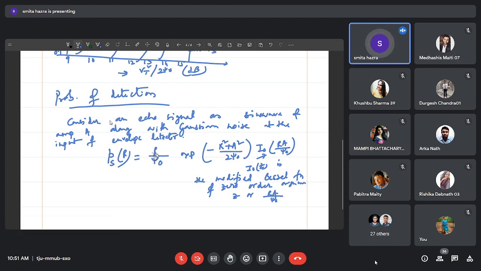When the signal is also present across the Gaussian noise, the existence of A is an extra attachment over the profile of R. Because of this extra addition, we frequently get the signal voltage exceeding the Vt, and that is in favor of the probability of detection. So the function is modified in terms of minus R square plus A square by 2 psi naught, and the whole thing is multiplied by this Bessel function.